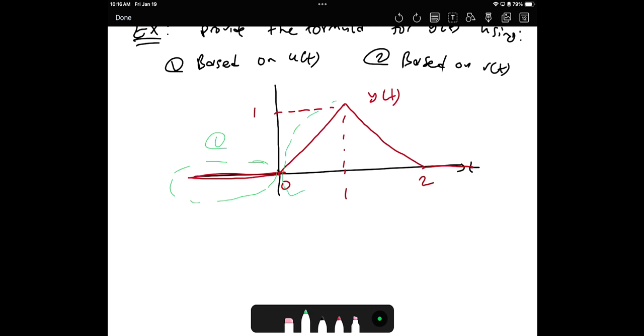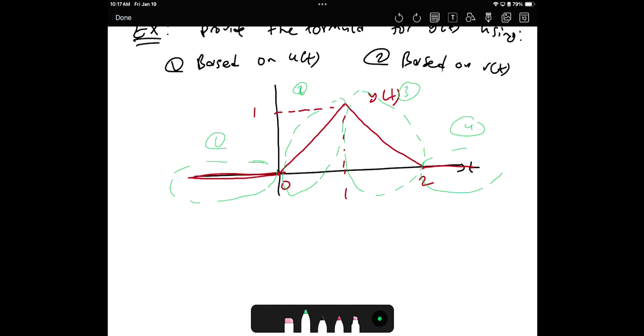We have region 2, when it starts increasing. We have region 3, when it starts decreasing, and we have region 4, when it goes to 0. Region 1 and 4 are well known, 0, 0. So when t less than 0, it is 0. When t larger than 2, it is 0. So that's well known. Now the other thing that we need to figure out is region 2 and 3.